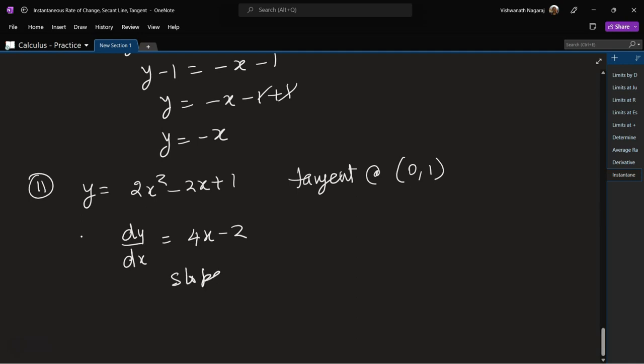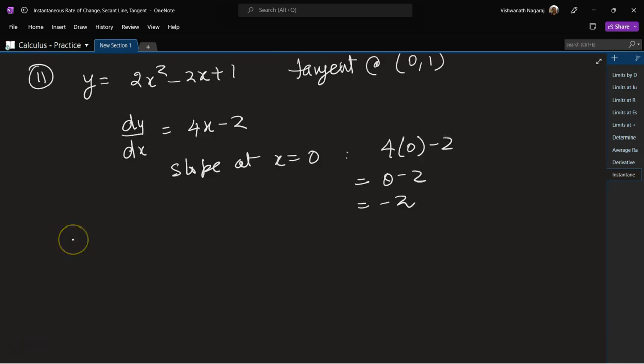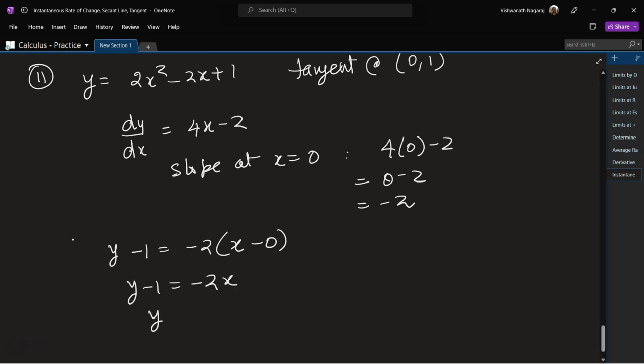So slope at x equal to 0 is going to be 4 times 0 minus 2, which is equal to 0 minus 2, which is minus 2. So we have the slope minus 2 and we have the point. So the tangent would be y minus 1 is equal to minus 2 times x minus 0. So y minus 1 equal to minus 2x. y is equal to minus 2x plus 1.